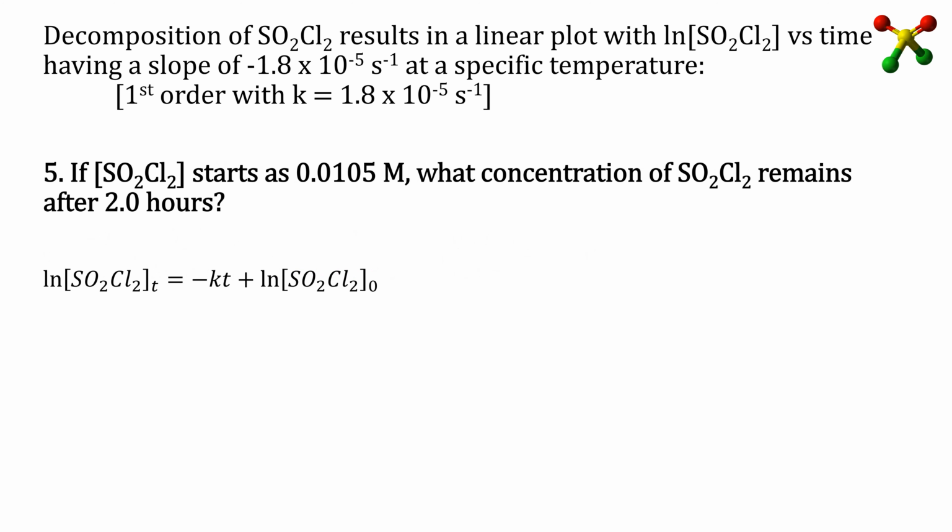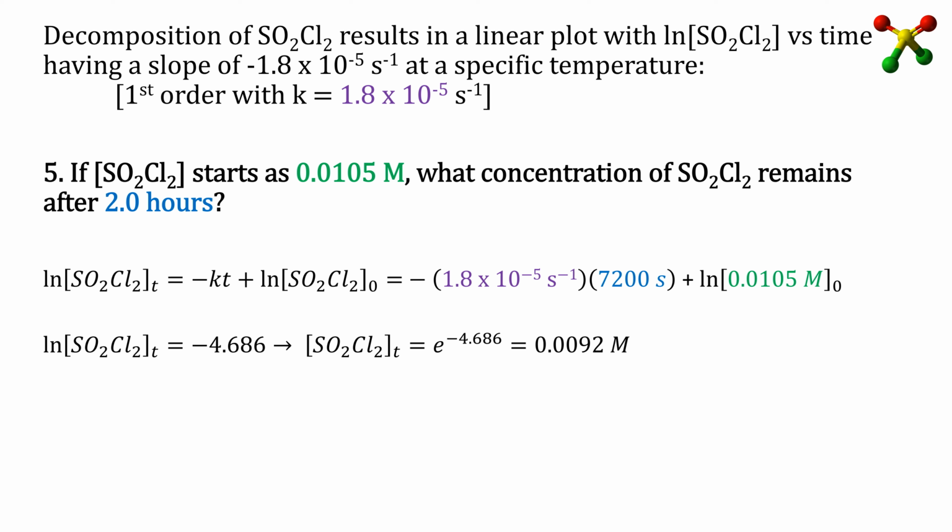The next problem states, if SO₂Cl₂ concentration starts at 0.0105 molarity, what concentration of SO₂Cl₂ remains after 2.0 hours? We again return to the integrated rate law equation for a first order reaction, and we insert our rate constant and our time and our initial SO₂Cl₂ concentration.